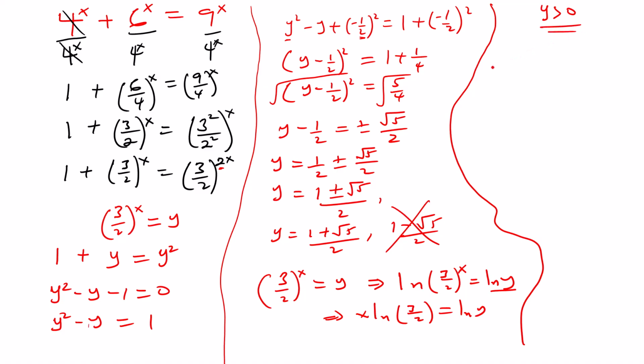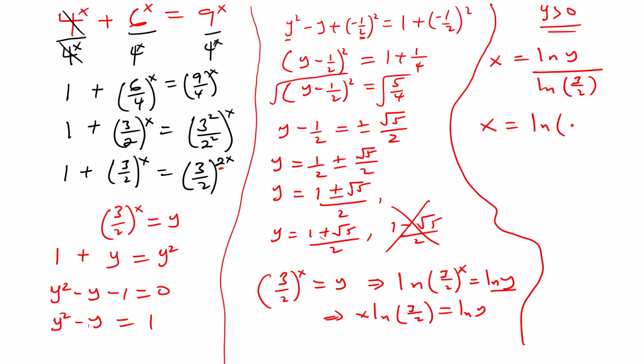So we have x equals natural log of y, and we are dividing both sides by natural log of 3 on 2. So y is 1 plus root 5 on 2.